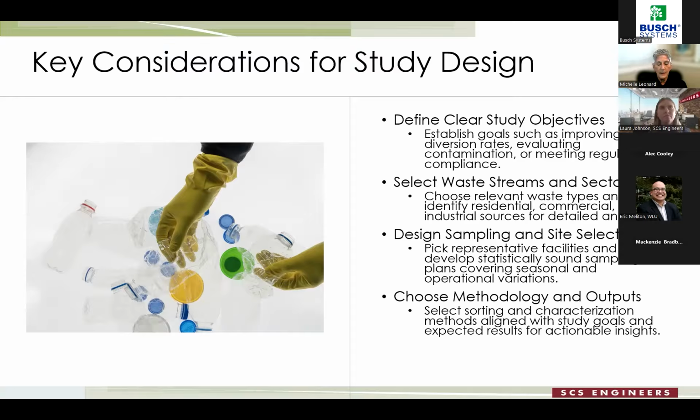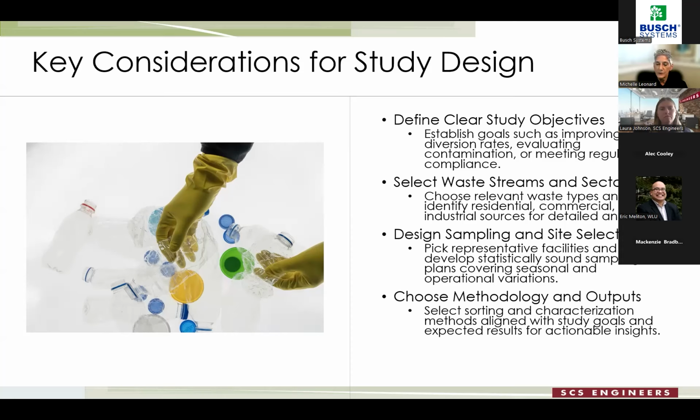Then the next step is to identify the waste streams and the sectors. So choosing those material categories is really important so that you get the information that you need for further planning purposes. And also when you're looking at your generators, do you want to identify residential, and do you want to break that down into single family or multifamily?